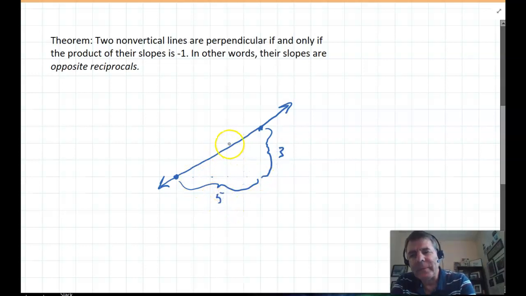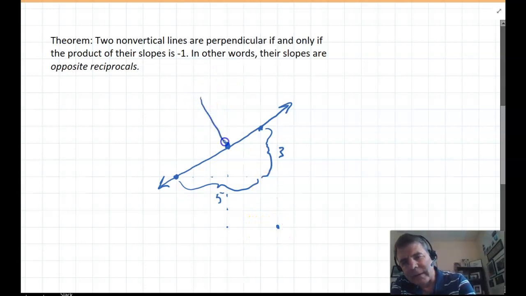Now let's say that I start at this point right here, and I'm going to go negative 3. No, I'm sorry, opposite reciprocal. I'm going to go negative 5: 1, 2, 3, 4, 5, and over 3: 1, 2, 3.